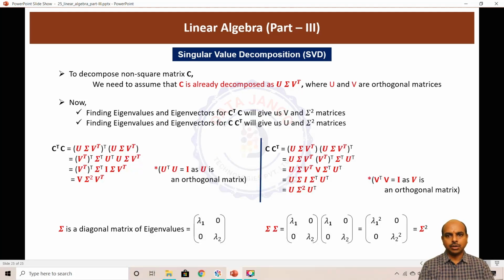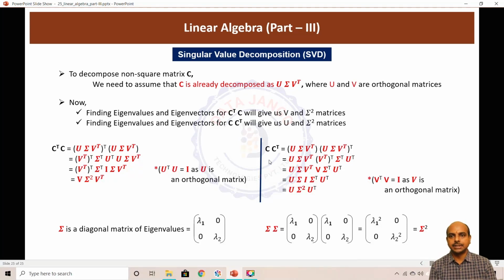The first statement is, to find V, you need to find eigenvalues and eigenvectors for C transpose C. The second statement, to find U, you need to find eigenvalues and eigenvectors for C C transpose.